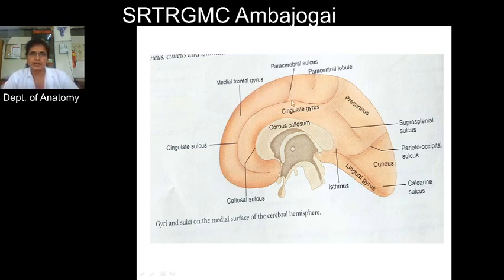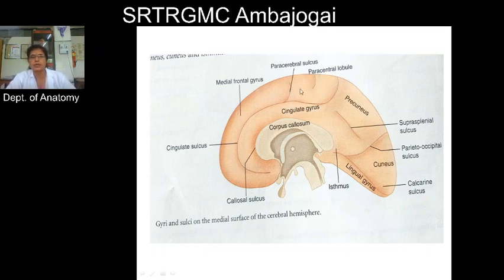Just anterior to the central sulcus, the cingulate sulcus gives one branch which ascends towards the superomedial margin, called the paracentral sulcus. The area around the central sulcus, bounded anteriorly by the paracentral sulcus and posteriorly by the posterior end of the cingulate sulcus, is called the paracentral lobule.